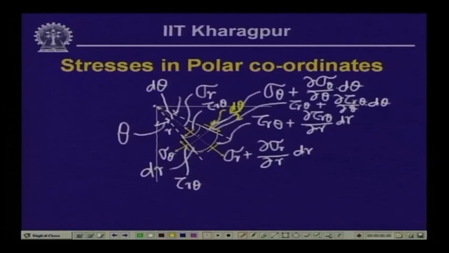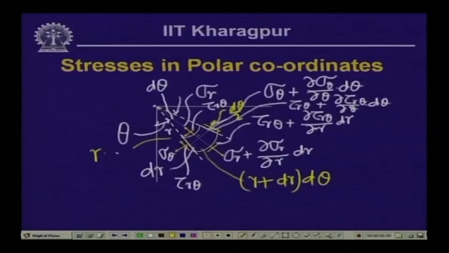Now, on this particular plane, the area on which this stress acts is r plus dr times d theta, d theta being small. This particular length we can write as r plus dr d theta, and this length as r d theta.